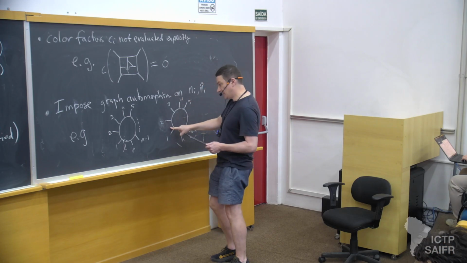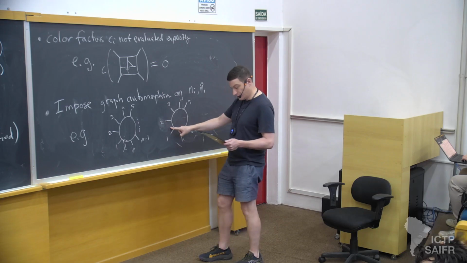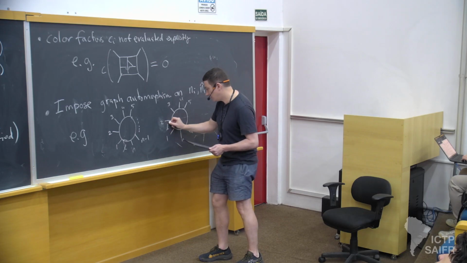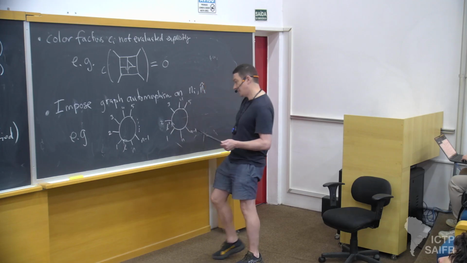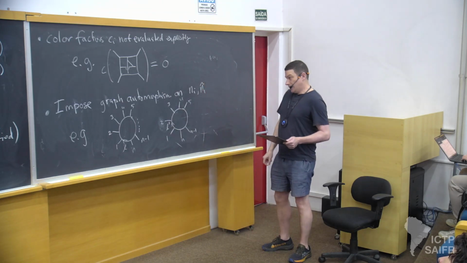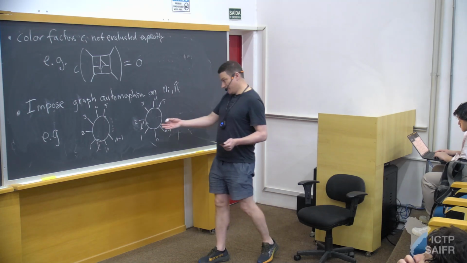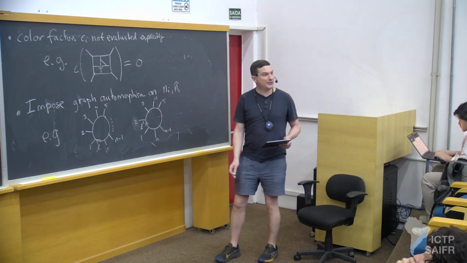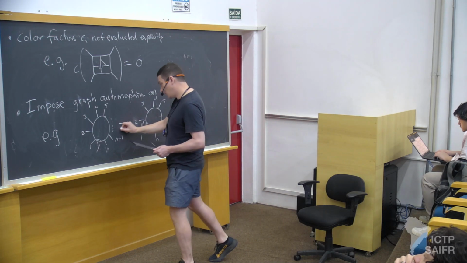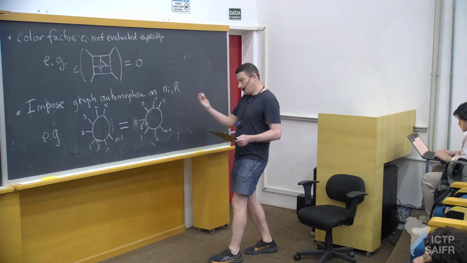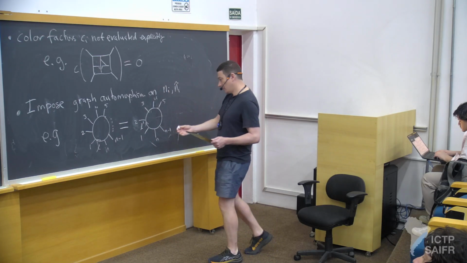I could also pick it to be here between leg 1 and 2, for example. Just to be clear, let me call it L prime, because it's not exactly the same L. But obviously, these two graphs are the same, right? No sane person would say that these are different graphs. This is the same graph, so we just say they're equal. So that's one graph automorphism, a symmetry on the graph.